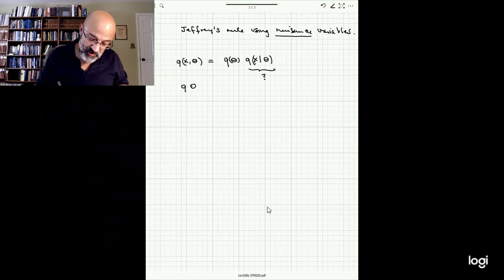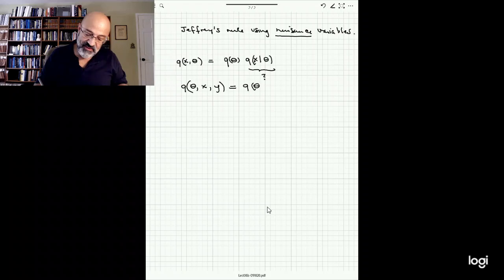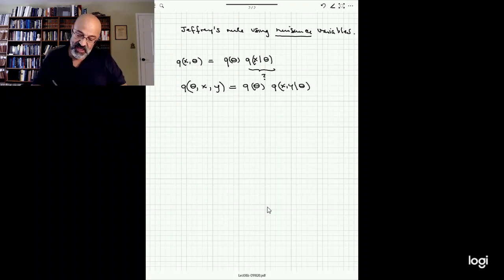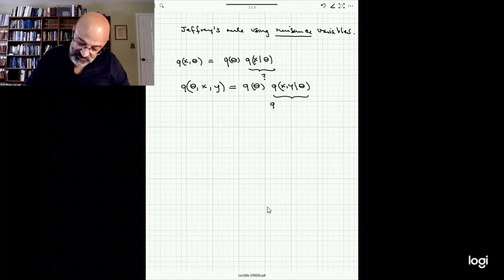There is the theta I want, there is x, and there is another y. And the problem here is that you have your thetas, and then you have q(x, y | theta), and what you have here is that x is not connected to theta directly. What is connected to theta is going to be y.